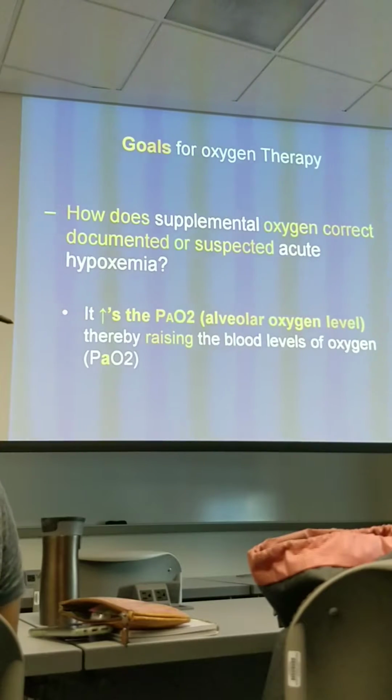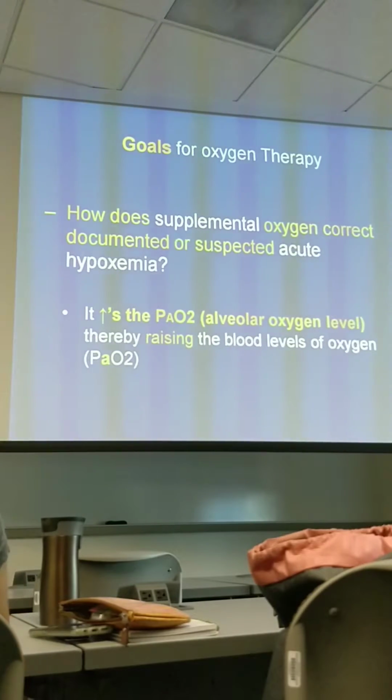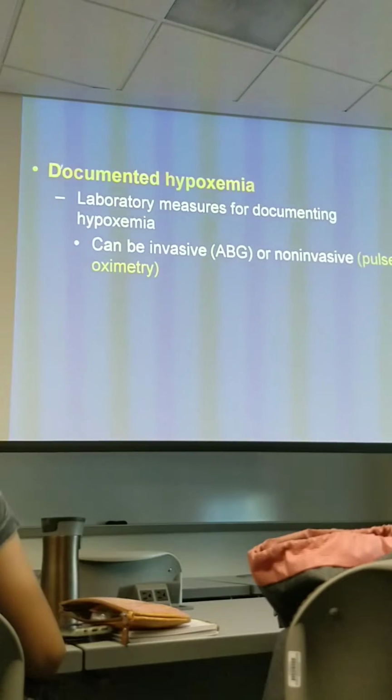So you want to increase alveolar oxygen so that extra oxygen can diffuse across the AC membrane, get into the capillary, and eventually move out to the arteries and into the capillaries for the tissues. Does that make sense? Everybody? Okay.